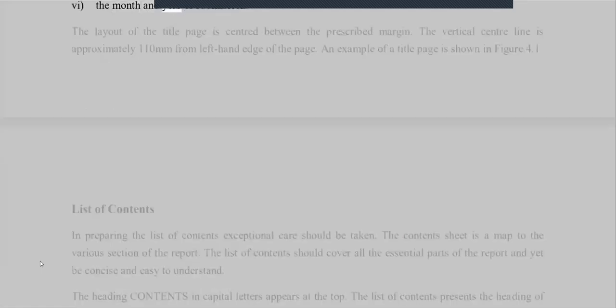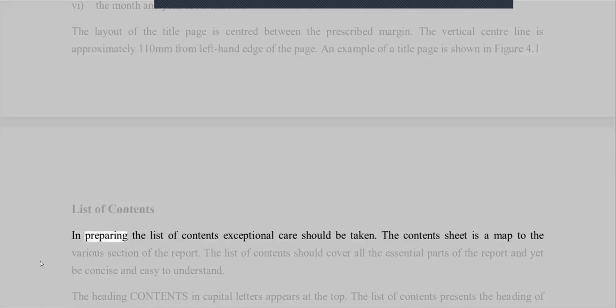The month and year of submission. The layout of the title page is centered between the prescribed margins. The vertical center line is approximately 110 millimeters from the left-hand edge of the page. An example of a title page is shown in Figure 4.1.